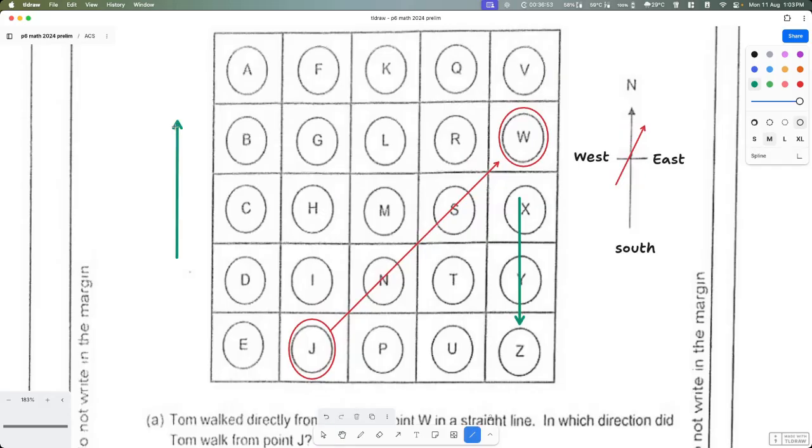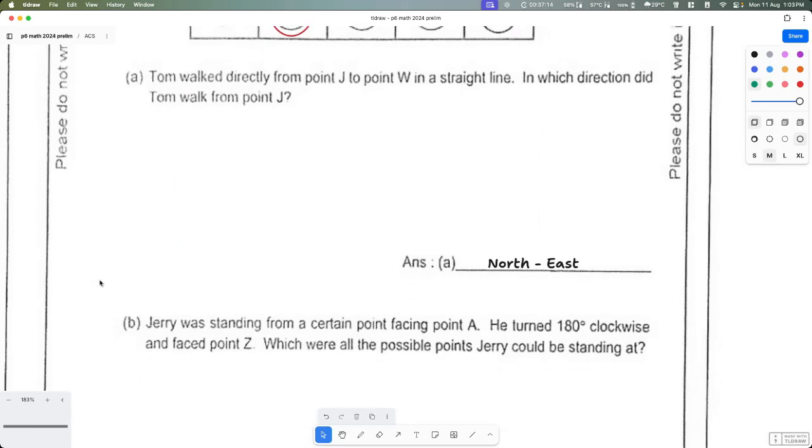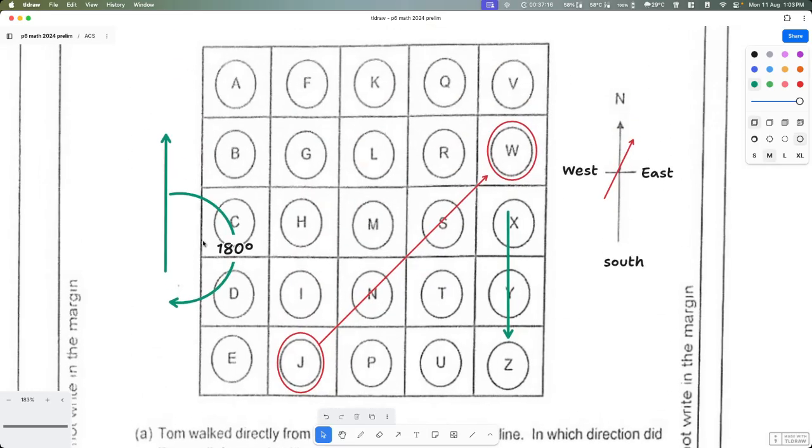Basically, 180 is this. Wait, actually, this is the arrow, and 180 is this one. So this is 180 degrees. Which one do you think he could be standing on?